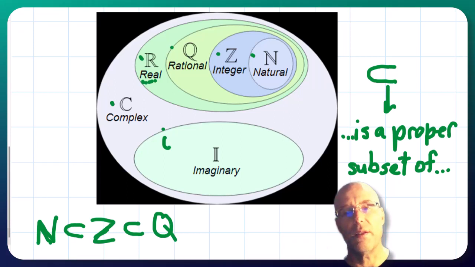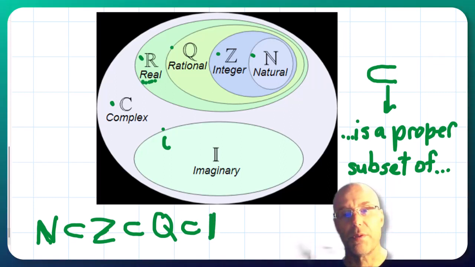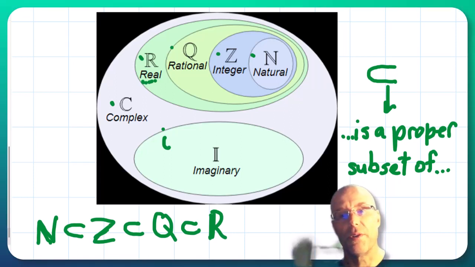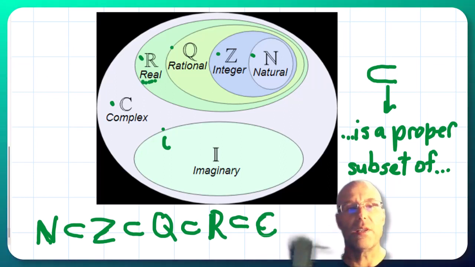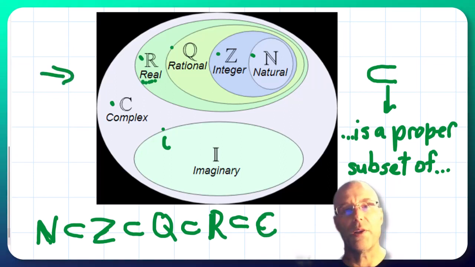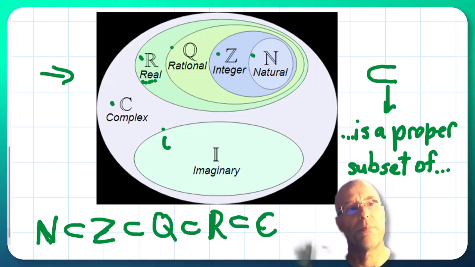And that in turn is a proper subset, so rational numbers are a proper subset of the set of real numbers, boldface R, which in turn is a proper subset of the set of complex numbers, boldface C. So that plus the graphic above are ways we can analyze the relationships between these number sets.